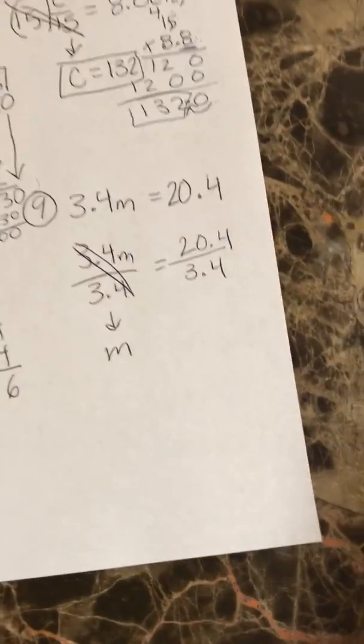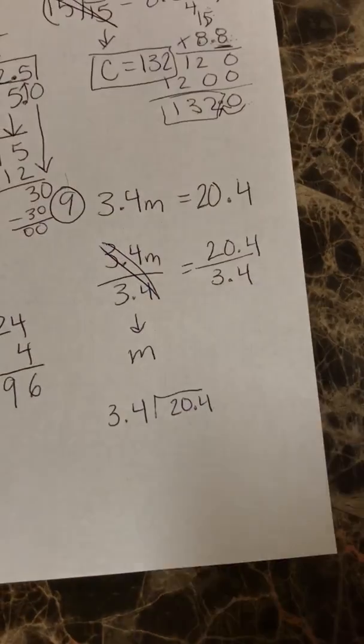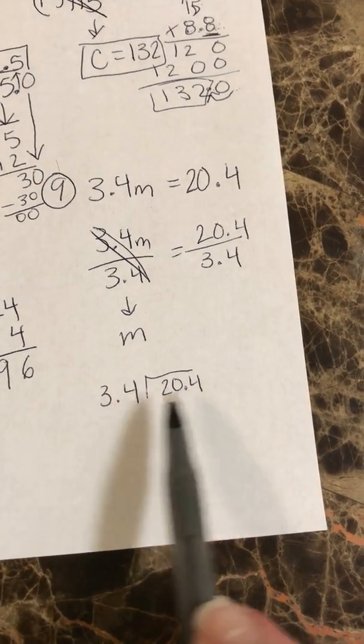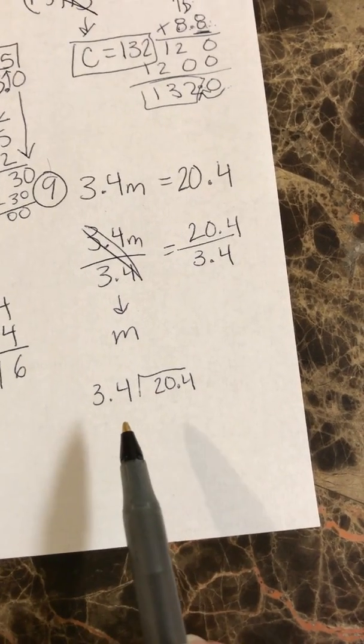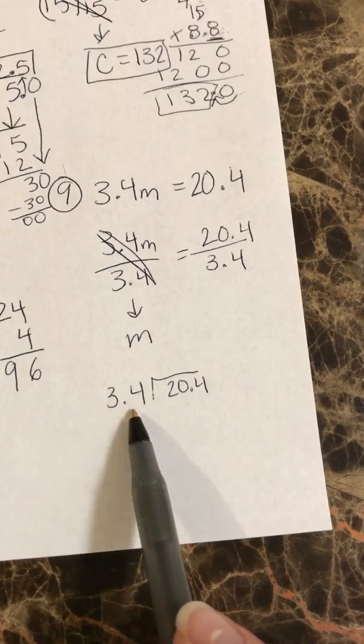Now you have to do your math, okay? So on this one, you're going to set up your division. You're going to have your 3.4 divided into your 20.4. Now when you have this, can you divide 2 decimals? No, remember what we learned a while ago? You can't divide 2 decimals. This one at least has to be a whole number.